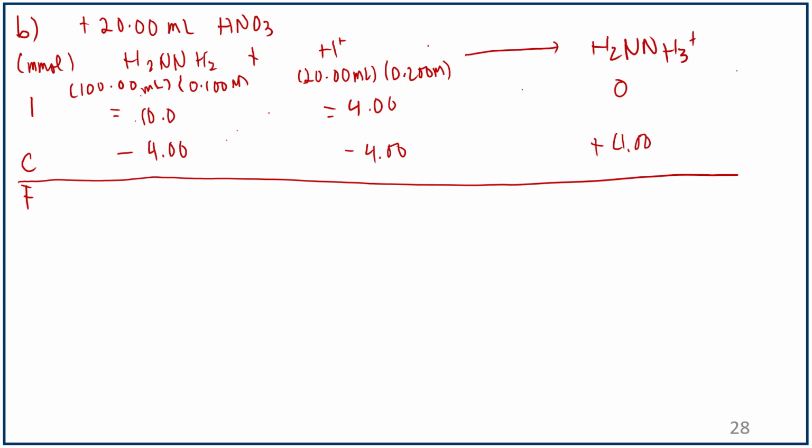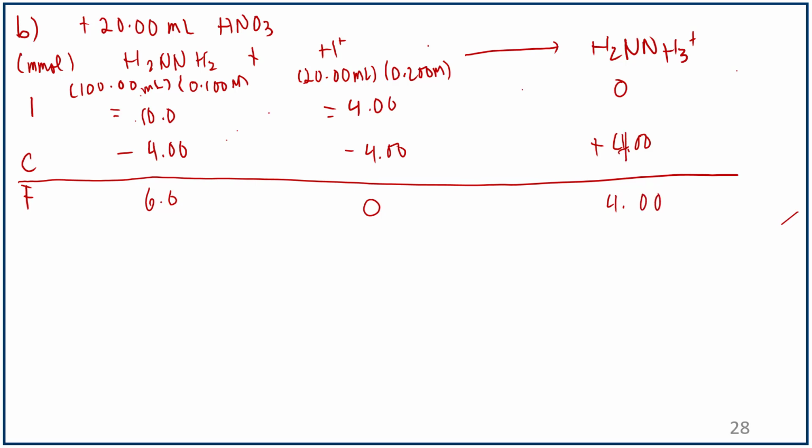And then this will end up to be 6 millimoles of hydrazine left, nothing left of H plus, and then we have 4 millimoles of hydrazonium ion produced.